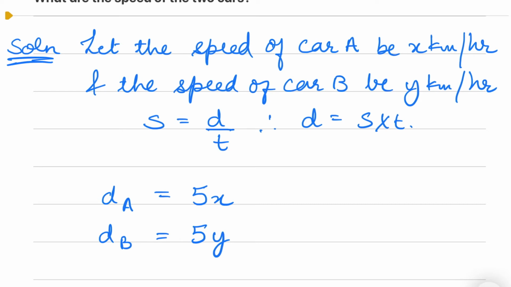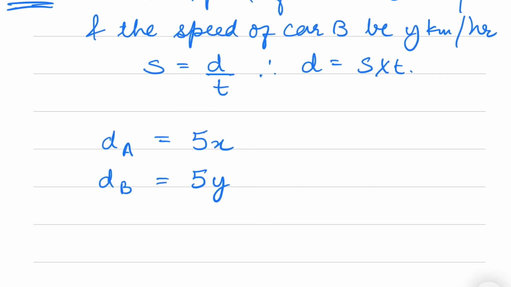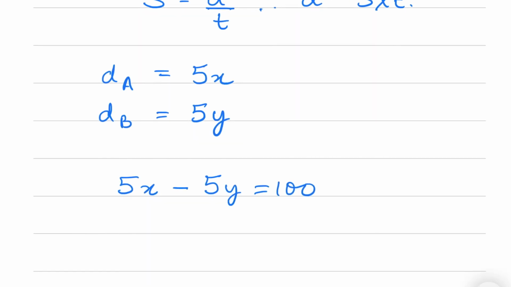But they have overcome the distance of 100 kilometer between them. So we can say that distance traveled by car A minus distance traveled by car B is equal to 100, right? So the difference of the distances covered is 100. So I can take 5 common. So x minus y is equal to 20. So that's my first equation.